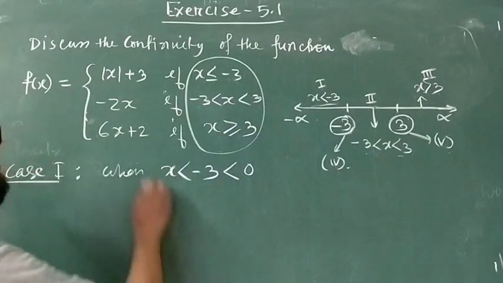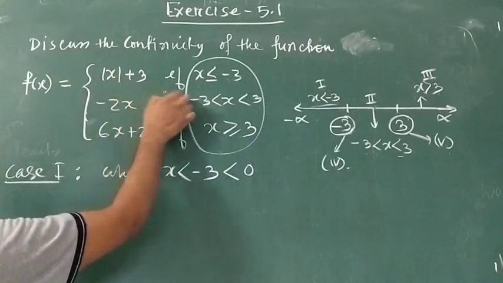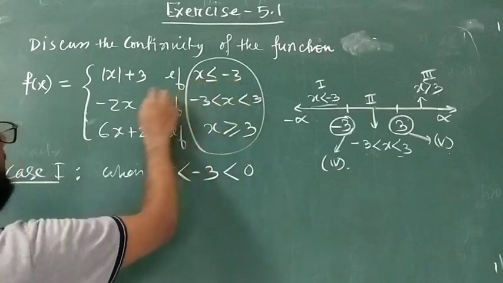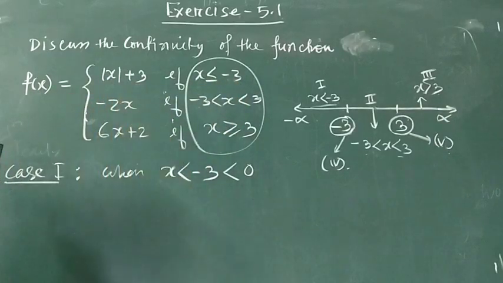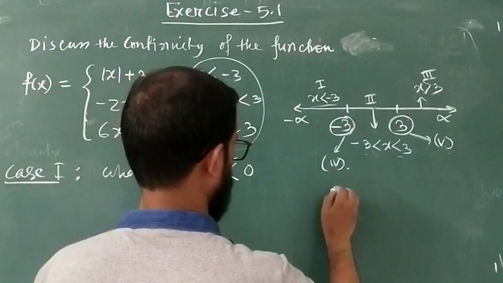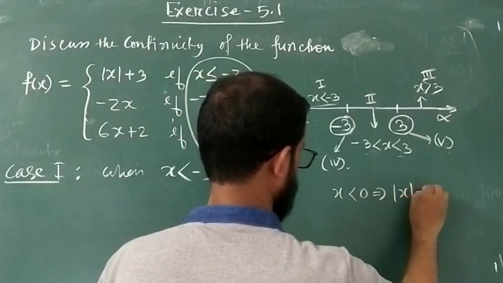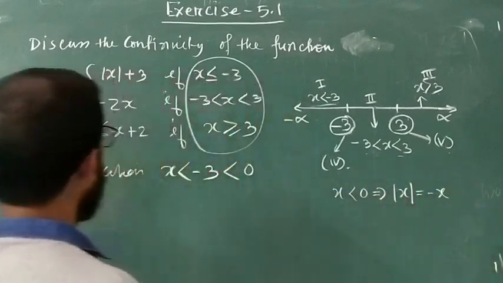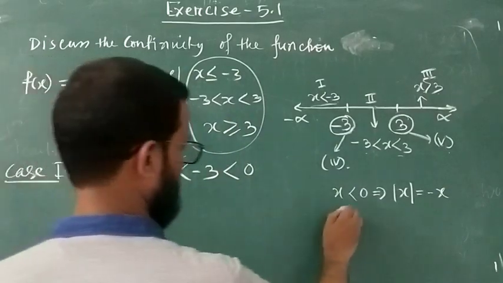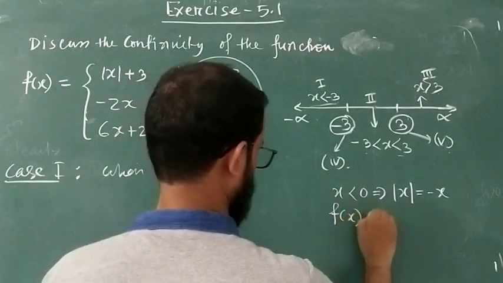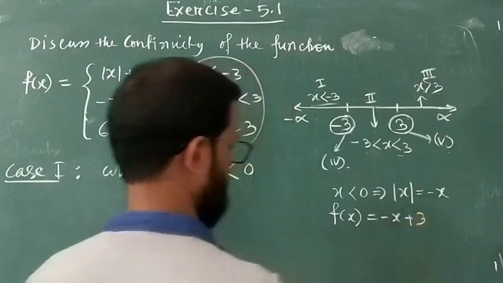And you know here the function is defined as modulus of x plus 3. When x less than -3, f(x) equals modulus of x plus 3. But when x is less than 0, modulus of x is equal to -x, and therefore your function becomes f(x) equals -x plus 3, okay.